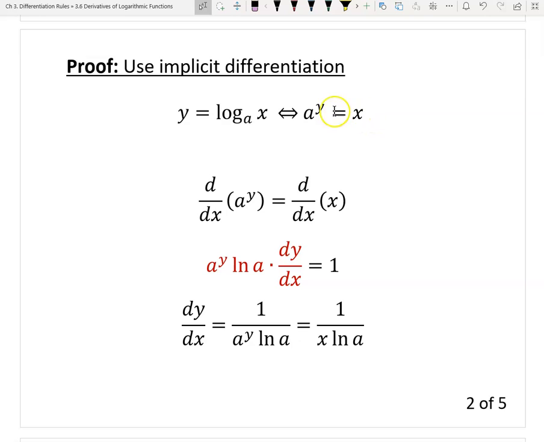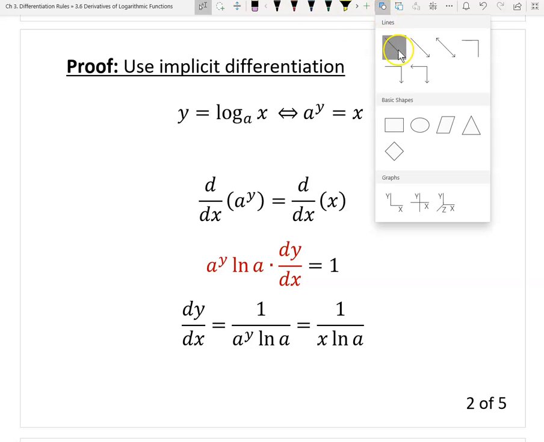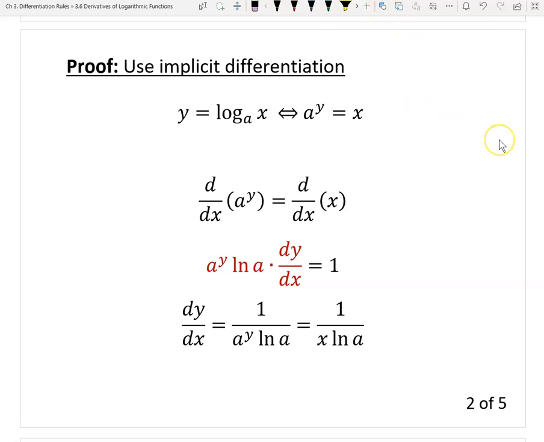From this implicit equation, we are going to find the derivative of y with respect to x, because we know the derivative of the exponential functions we learned before. How to do it?